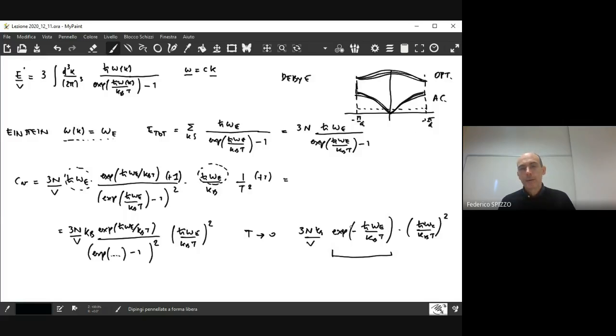And due to that, you have this different approach to zero coming from the Einstein model, that can now be applied to optical phonons, with respect to what is observed for acoustic phonons, which are discussed by the Debye approximation.